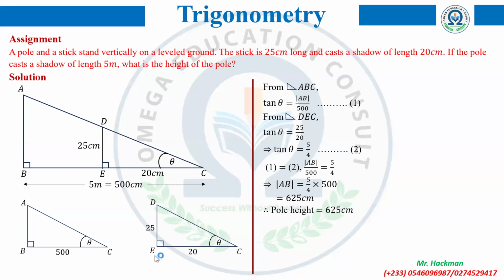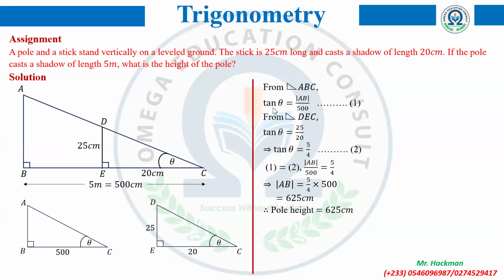You use the same trig ratio that you used here, tan, so that you can easily equate. So tan theta will be equal to the opposite, which is 25, over the adjacent, which is 20. This implies that tan theta equals the reduced form, 5 over 4.